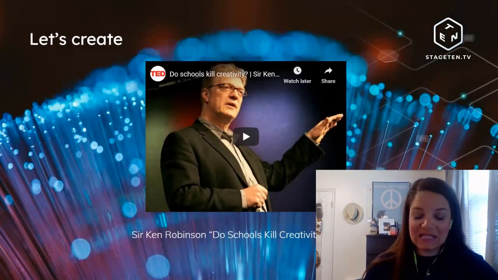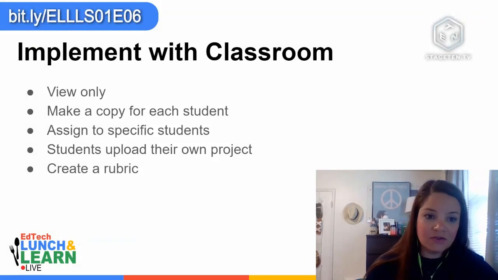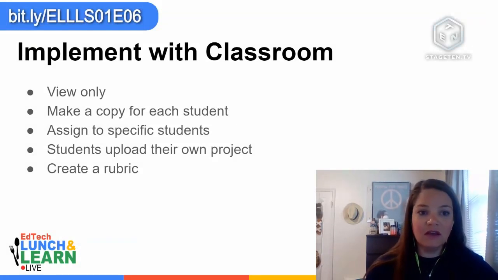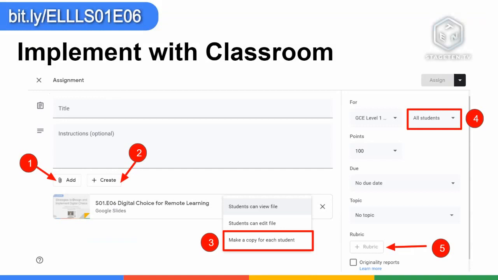So TED Talks. All right, so I want to kind of change gears again and talk about implementing it with Google Classroom. I talked a little bit about the rubric creation, but when you are implementing this in Classroom, there are a couple of ways you can do this. So I'm just going to show you a screenshot of an assignment creation here and talk about all the different things you can do in this one little section.